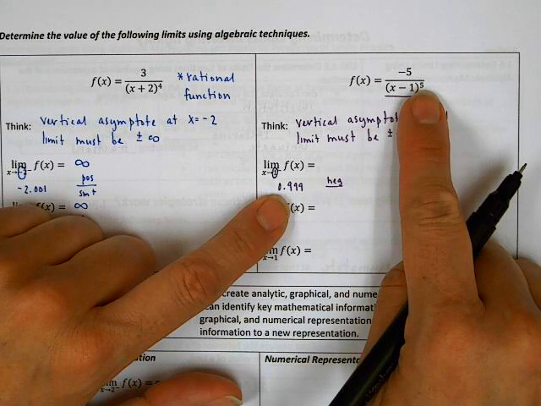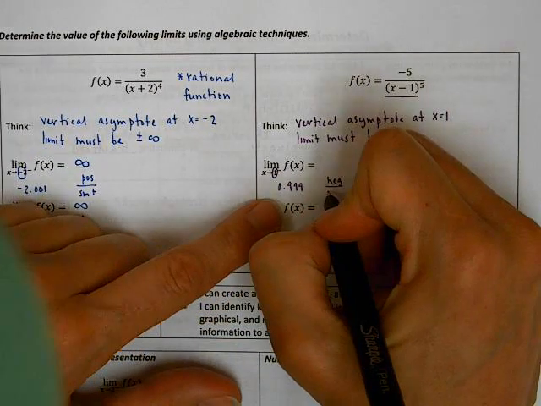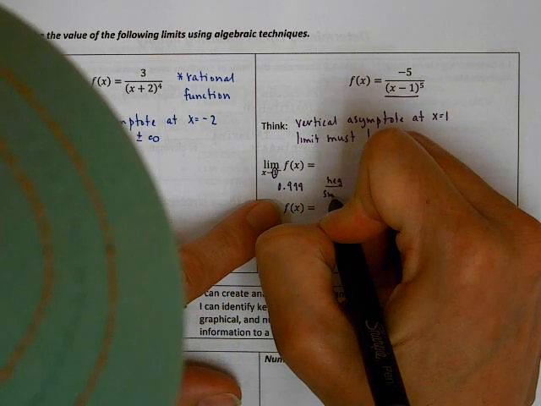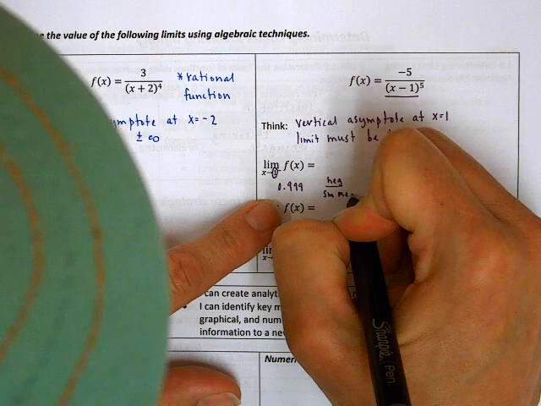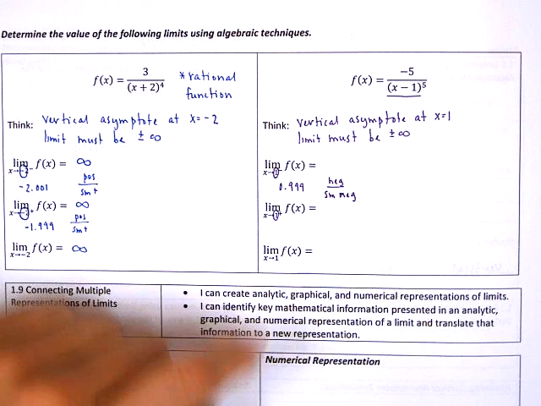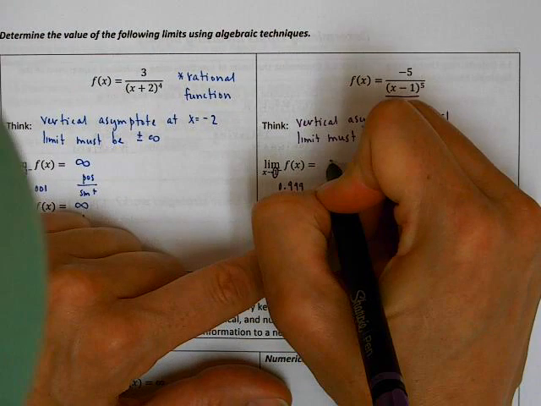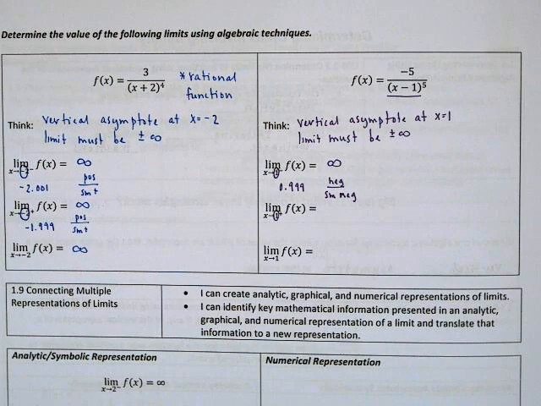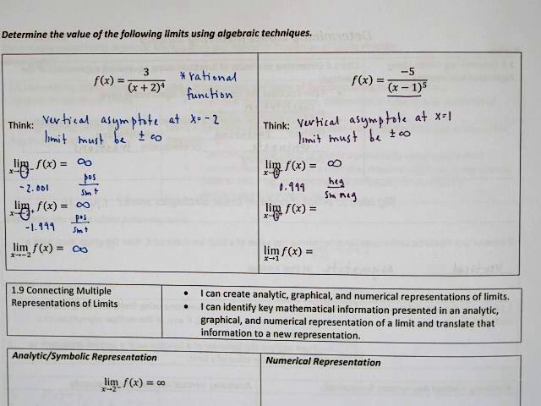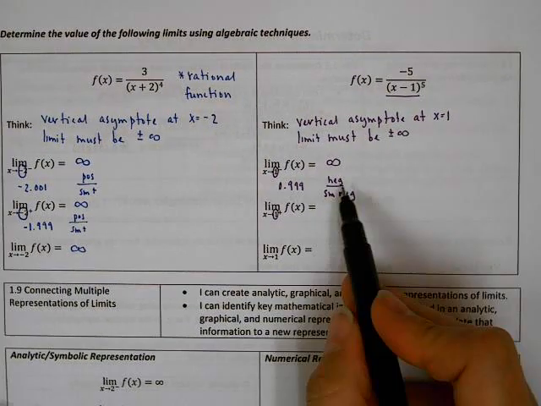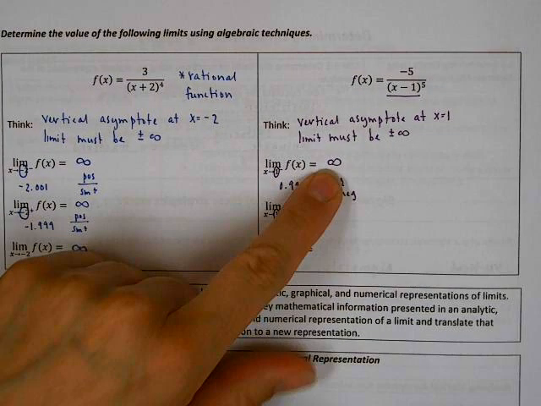When I raise that to the 5th power, it's still going to stay a negative. It's going to be a small negative number. So now I have a negative over a negative is a positive. So this has to be now positive infinity. My choices were positive or negative infinity. So since I have a negative over a negative, it has to be positive.